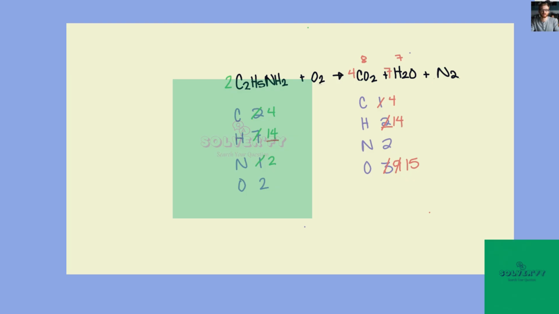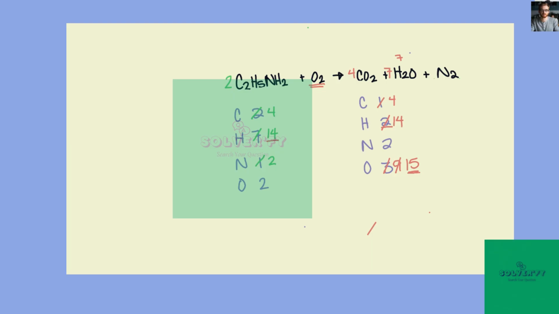Okay, we've actually run into a similar issue we had with the nitrogen. Oxygen on the left only comes in pairs, 2 at a time. So no matter what, there's going to be an even number on that side. And yet on the right-hand side, we need 15. Okay. Now, when that happens, and you've already balanced everything else, this is a trick that tends to come up on combustion reactions, which this is, right?